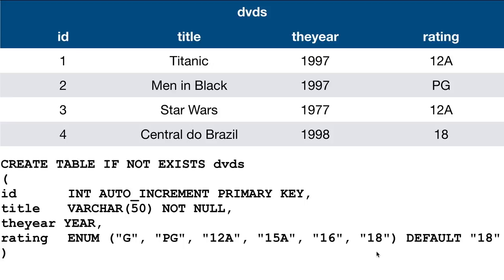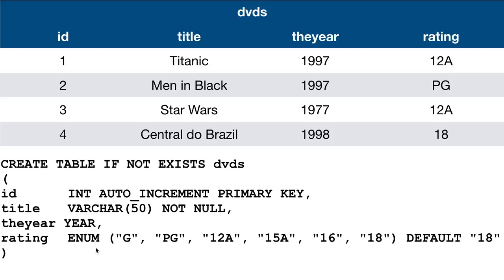Whereas storing it as a string of only 3 characters would take 3 bytes. So storing the rating information as characters would take 8 times as much space as specifying here that it should be an enum.